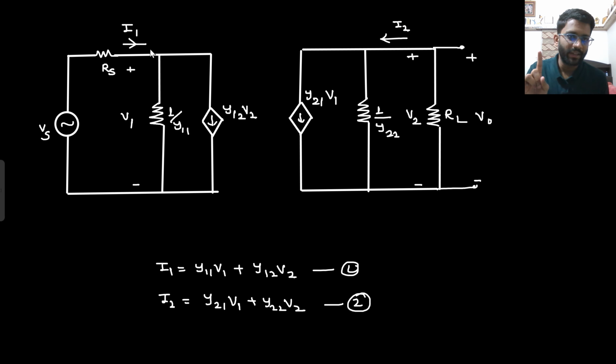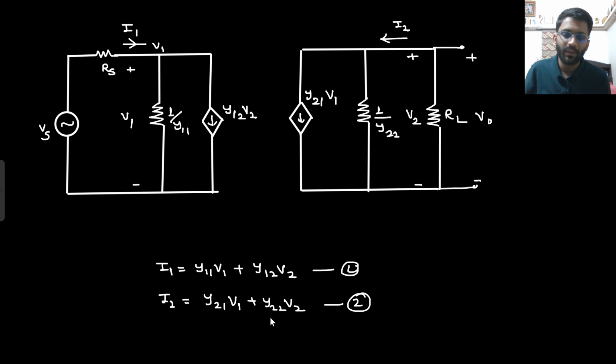Can you apply the nodal analysis here? If you apply the nodal analysis, what do you see? V1 is the potential here. So what will be the current downward? That would be V1 into Y11 plus the current this side, that would be Y12 V2. Isn't it the same?